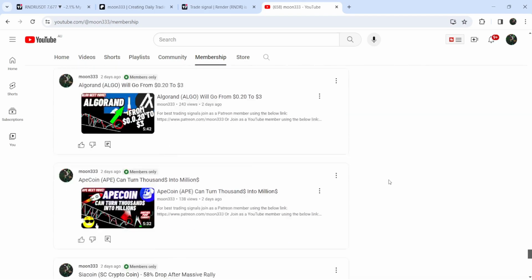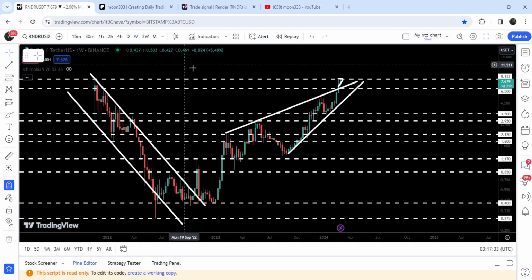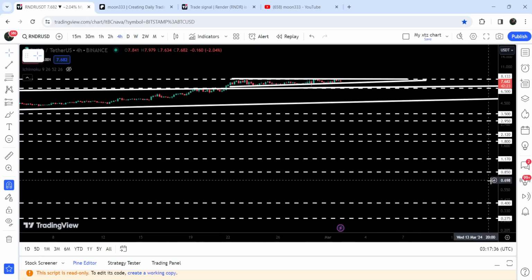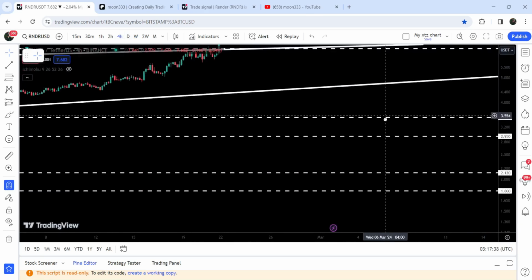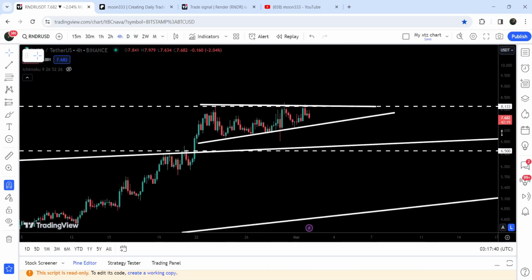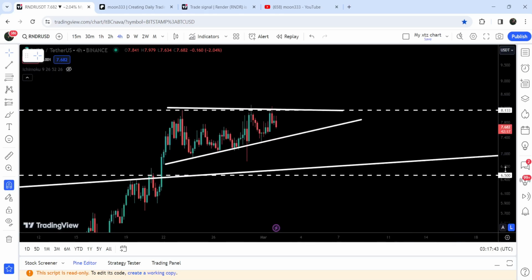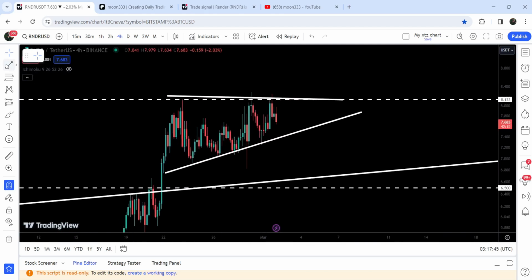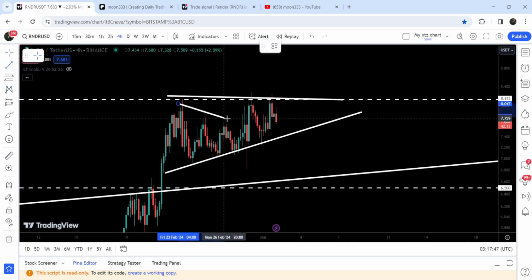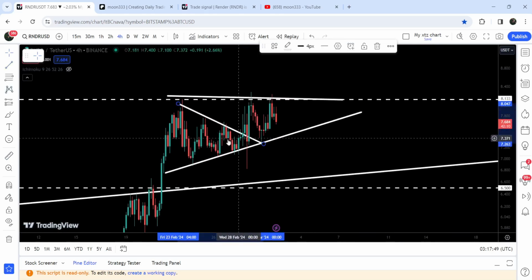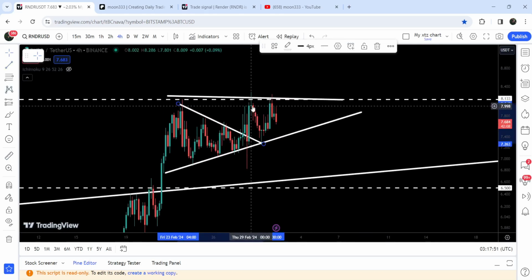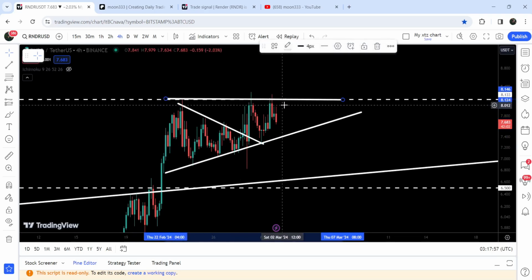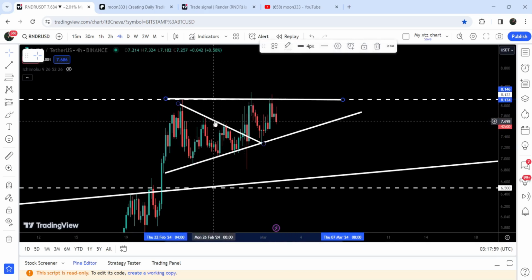Now let me take you to the live chart of Render, and this is the weekly time frame chart. First of all, let me show you the 4-hour time frame chart, and we can see that here it has formed this ascending triangle. Previously, I was showing you this support and resistance, and we broke out this resistance of the symmetrical triangle, but could not break out this horizontal resistance of $8.13, and now it has formed this ascending triangle.